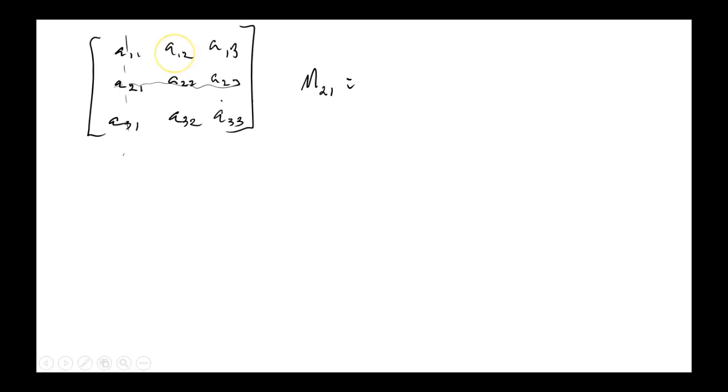And you have a 2 by 2 left. It was a 3 by 3, now it's a 2 by 2. And take the determinant of that, that would be A12, A33 minus A32, A13. You could write that as A13.